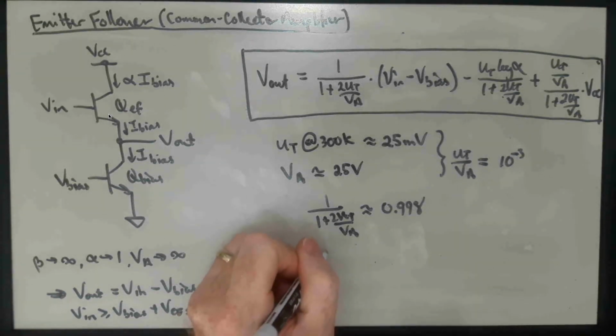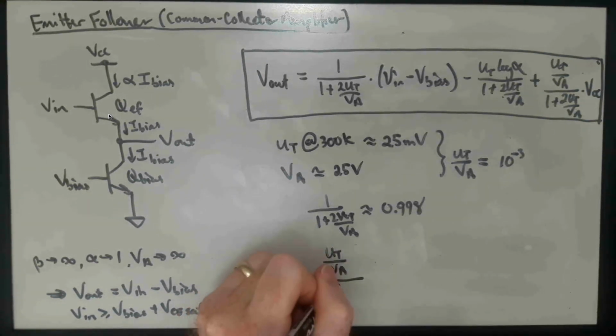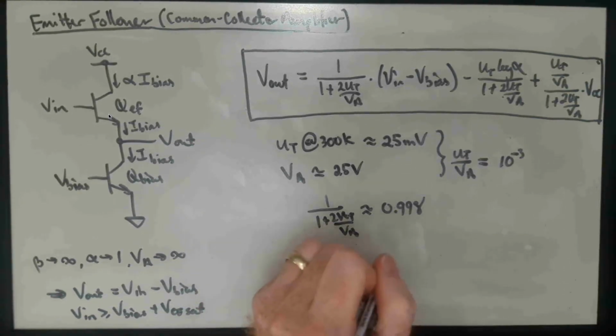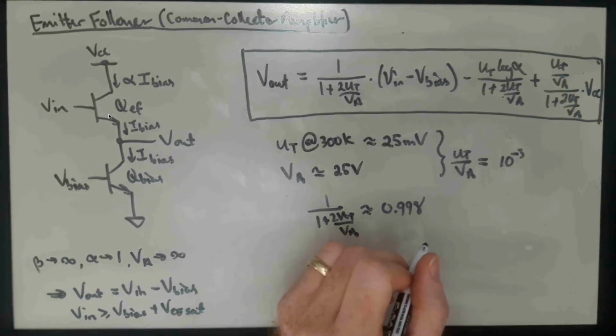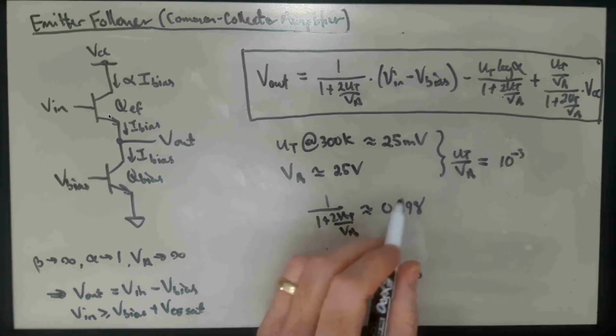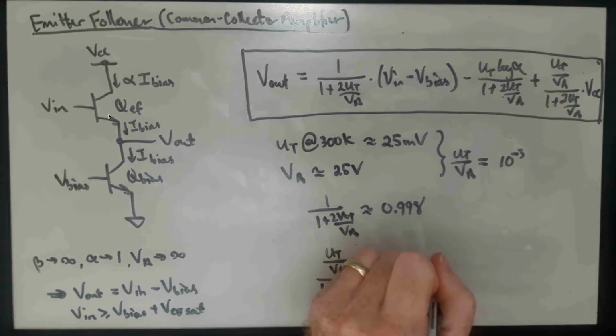So UT over VA over 1 plus 2 UT over VA is about 0.000998. So shift the decimal point over 3 places.